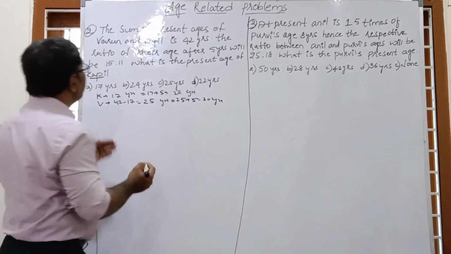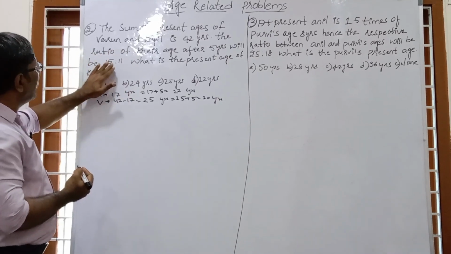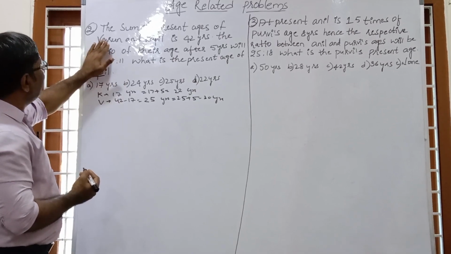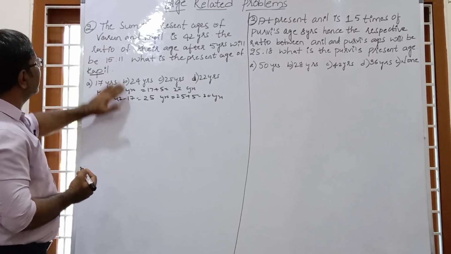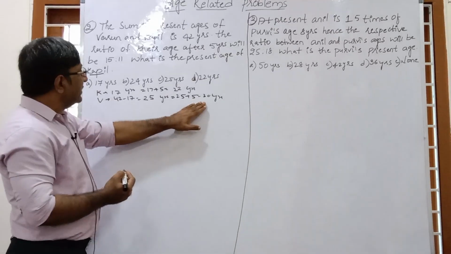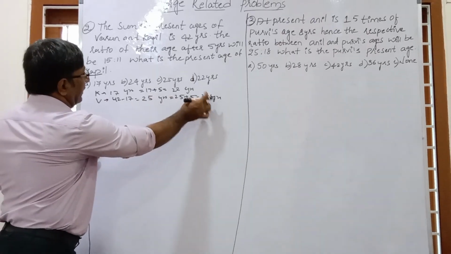Now just check the ratio of their ages after 5 years, which according to the question is 15:11. So we have to check the ratio of Varun and Kapil's ages after 5 years. Varun is 30 years and Kapil is 22 years.